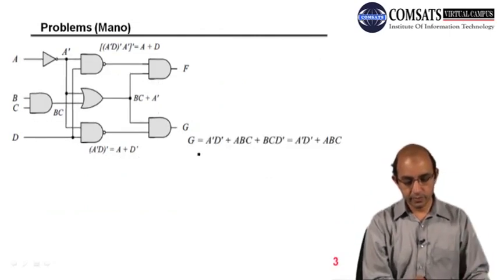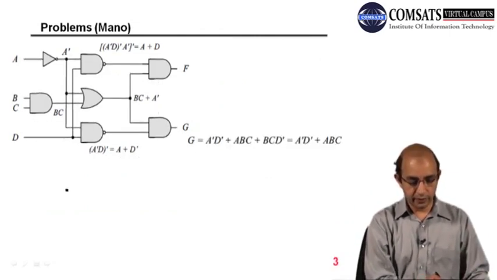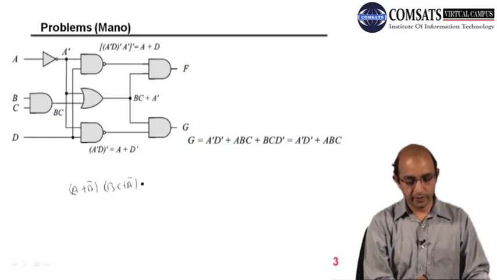If you have to compute BC plus A complement times A D bar, we will be having A BC plus A bar, plus B C D bar, and A bar D bar.